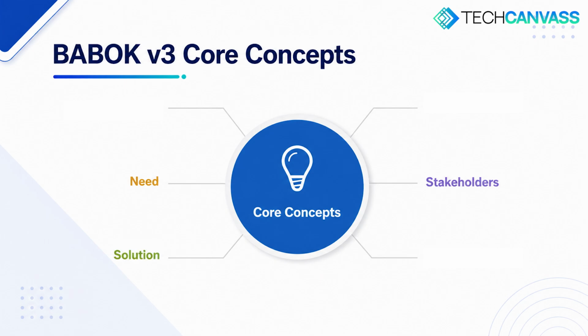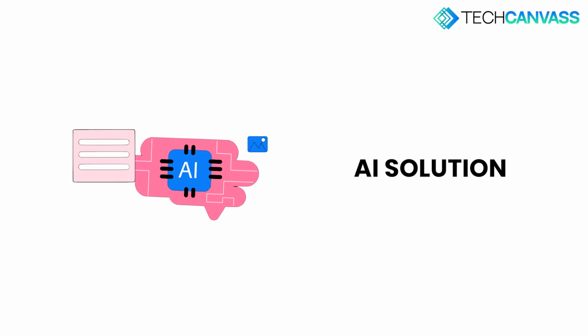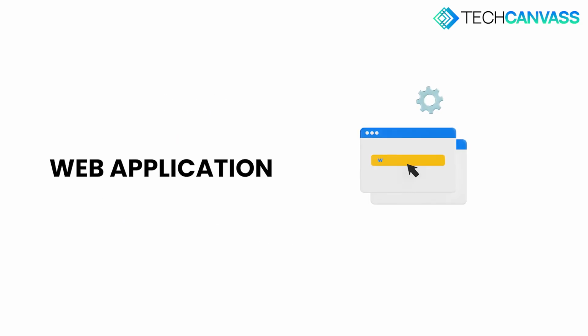So we have discussed why this product is required, what's the need. We discussed who is going to be affected. This will help us in designing the product to align with the stakeholders' needs. Third thing would be solution. What is the solution? Is it going to be an AI solution? Is it going to be a web application?